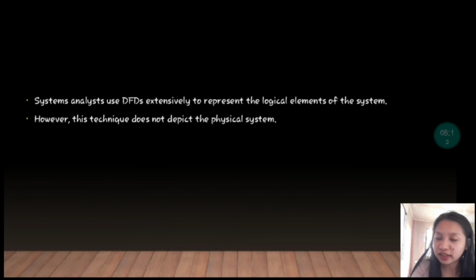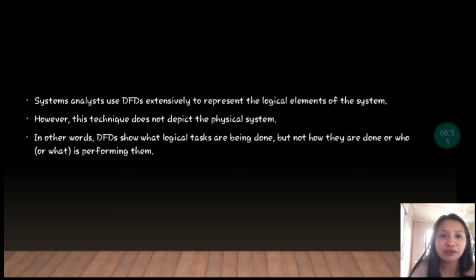Next, the systems analyst uses data flow diagrams extensively to represent the logical elements of the system. However, this technique does not depict the physical system. In other words, the DFDs show what logical tasks are being done, but not how they are done or who or what is performing them.